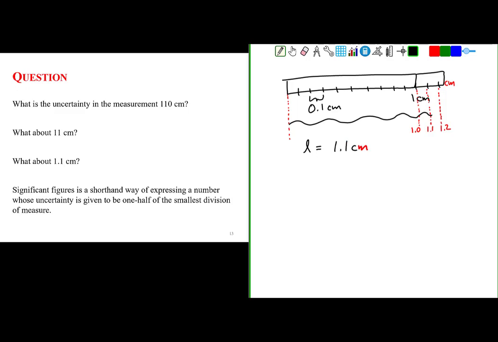Well, again, the convention is if you could reliably report your measurement to the nearest 1/2 of the smallest division of measure, then you can follow the rules of significant figures. And remember, our smallest division of measurement is 0.1 centimeters.